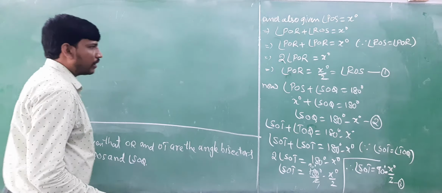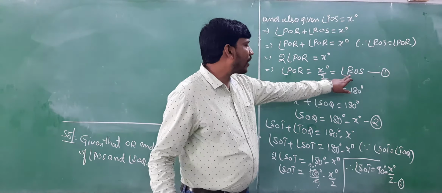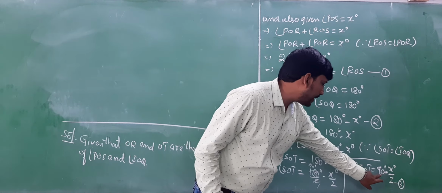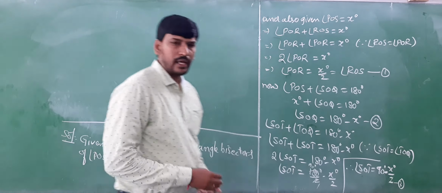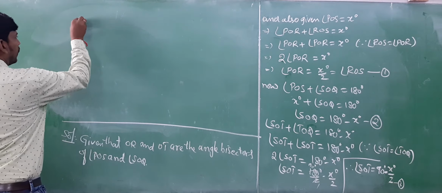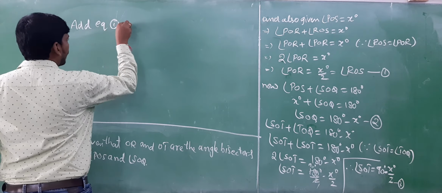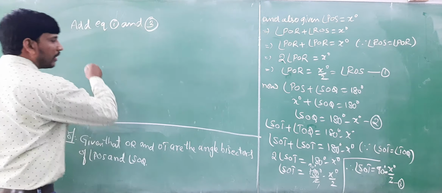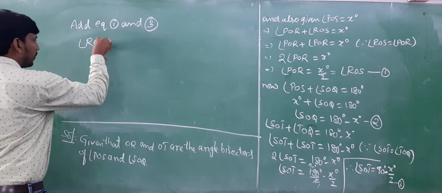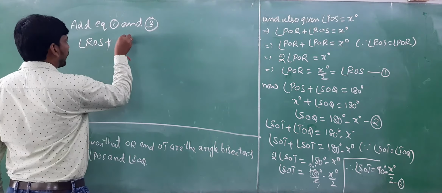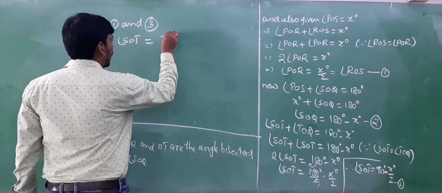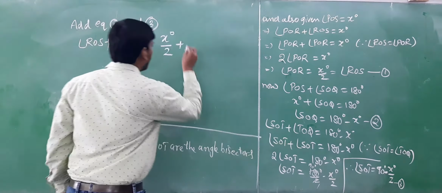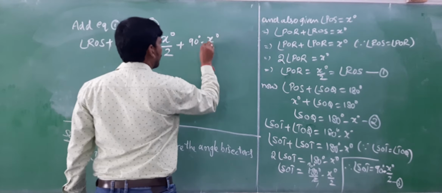Now, children, see, from equation number 1 we got ROS equal to x degrees by 2, and from equation number 3, SOT is equal to 90 degrees minus x by 2. Now add equation number 1 and 3. Angle ROS plus angle SOT, left hand side, is equal to x by 2 plus 90 degrees minus x degrees by 2.